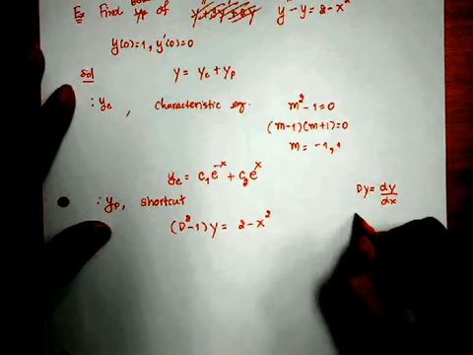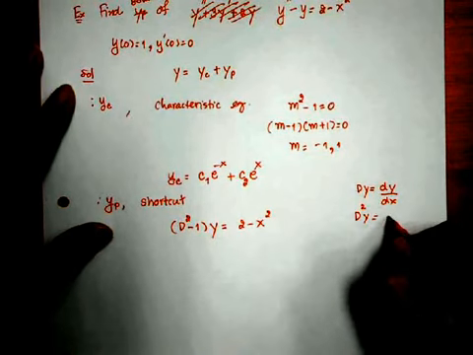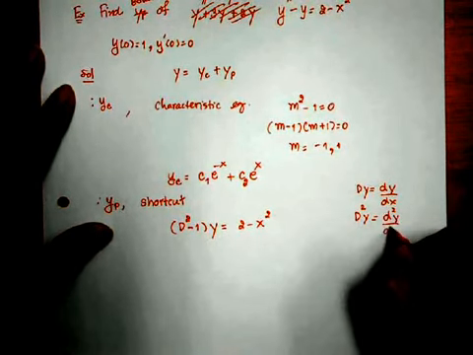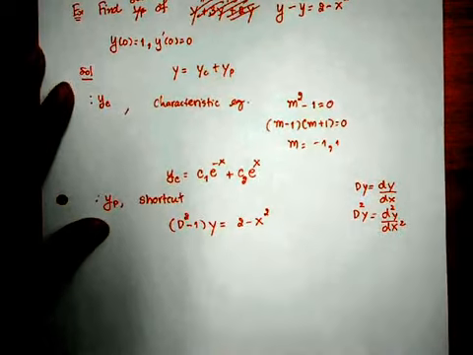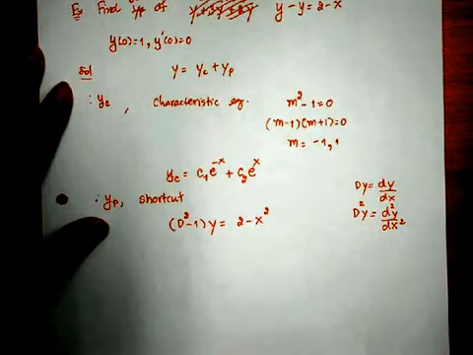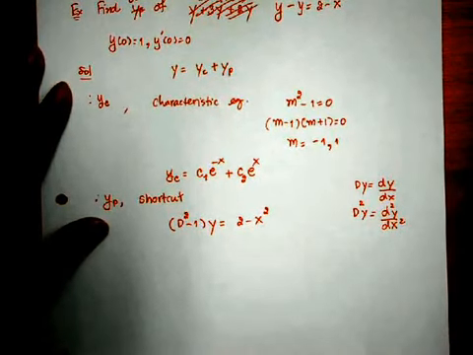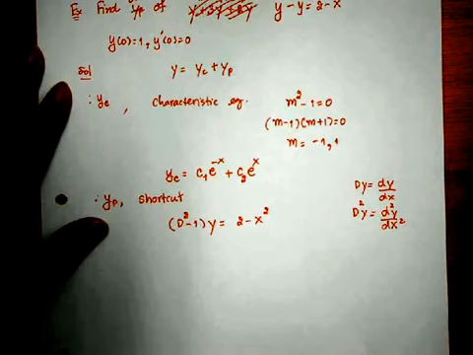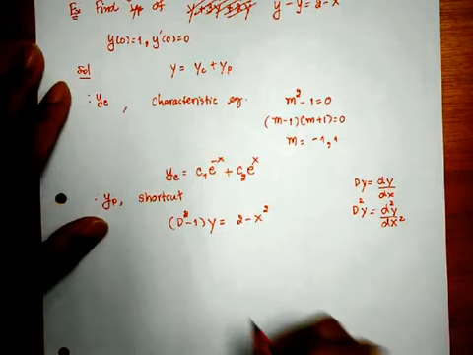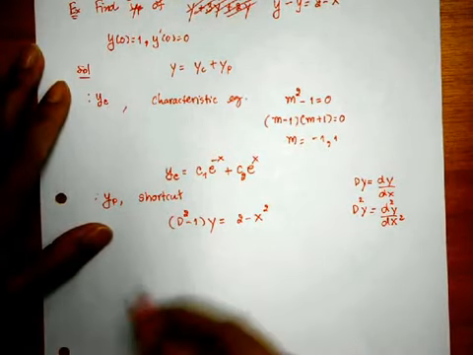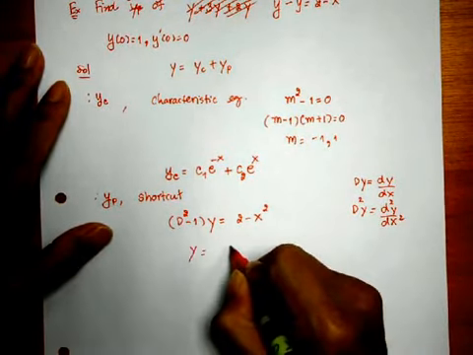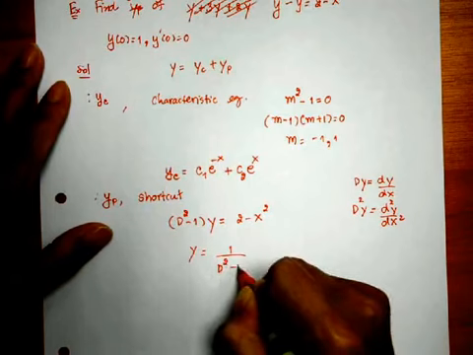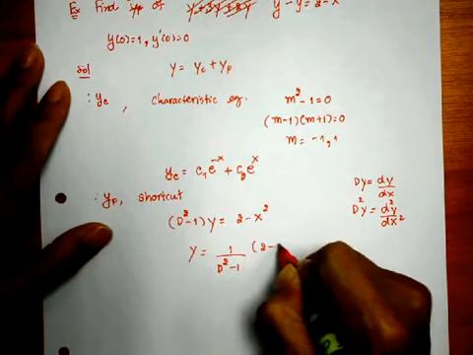If we have d squared y, it means the second derivative of y with respect to our dependent variable. From that, we get y is equal to 1 over d squared minus 1 times minus x squared.